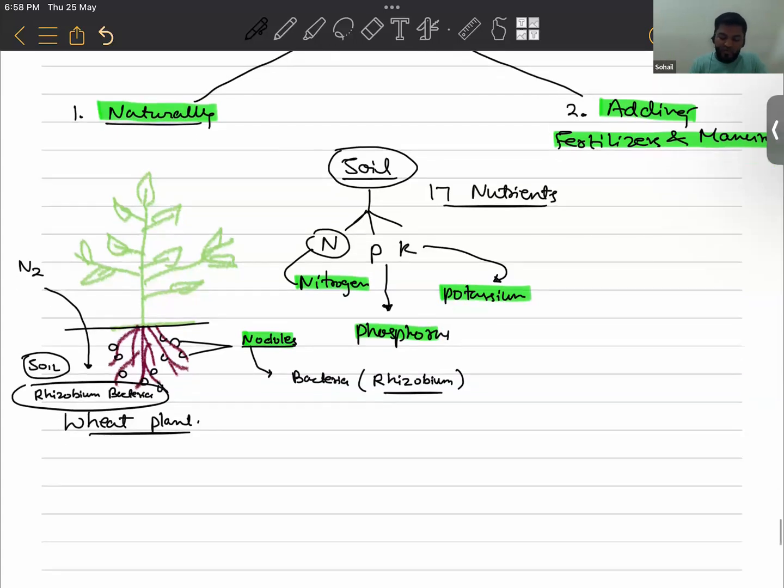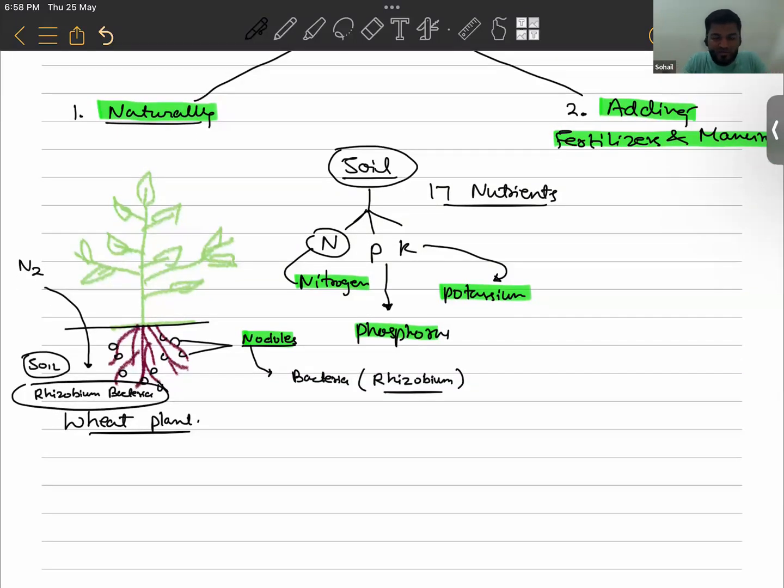So listen to this very carefully. Once the rhizobium bacteria fixes the atmospheric nitrogen into the soil, and when we irrigate the soil, when we pour water into the soil, that nitrogen gets mixed with water and forms a nitrogen solution.